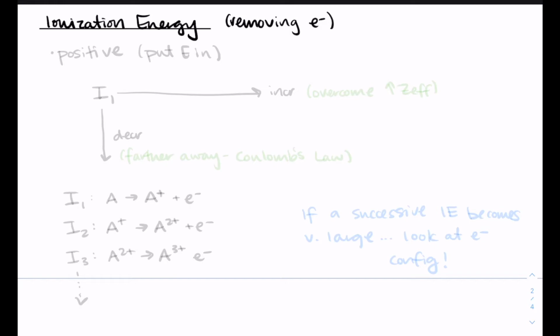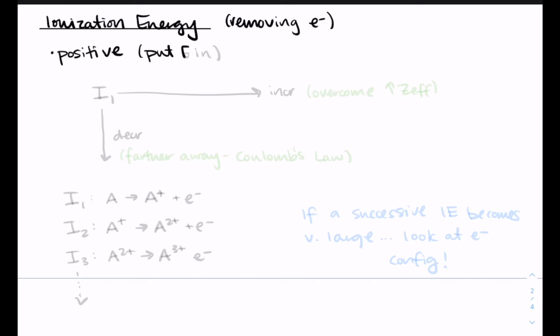So the trend that I'm going to give you in general is for first ionization energy, and we'll give some definitions of what that means. So first ionization energy means taking an atom and pulling away one electron. So we're turning it into a 1 plus cation.